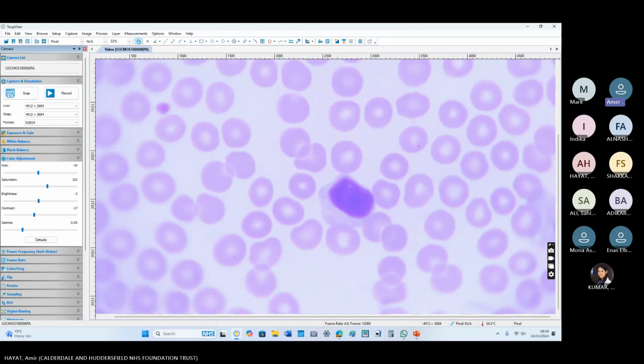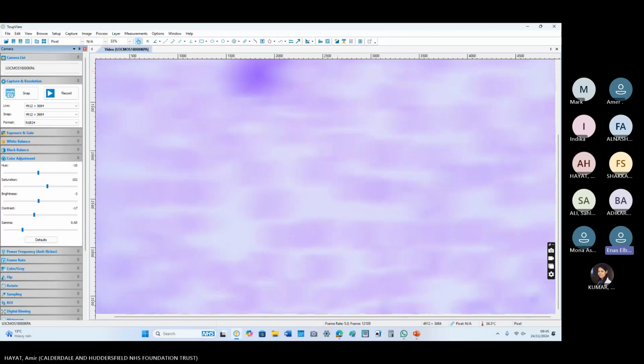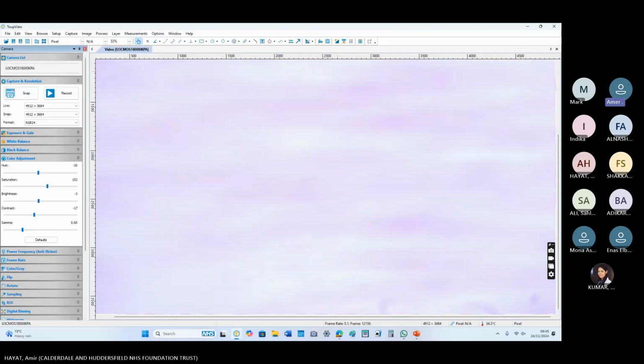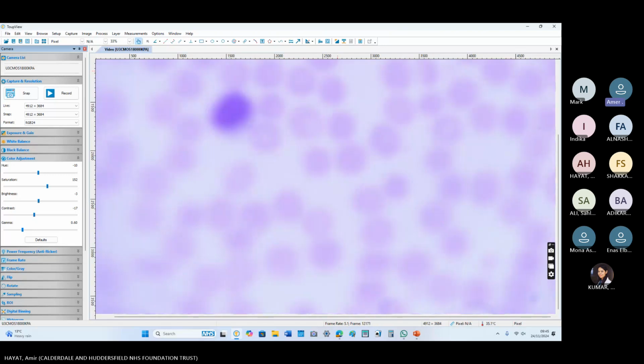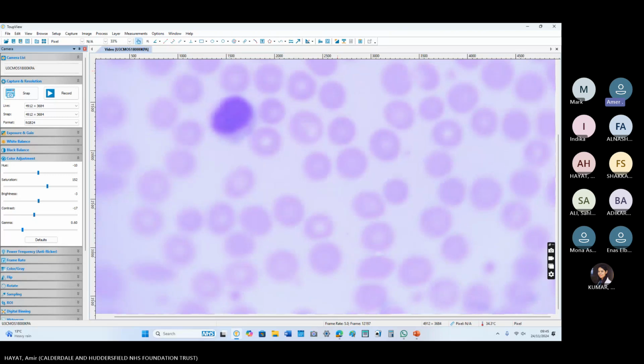And CLL doesn't happen in a 24-year-old patient. This is reactive lymphocytosis. I will think about EBV infection. Monospot test, yes. And to exclude other infections, you will send HIV serology and hepatitis B and C.